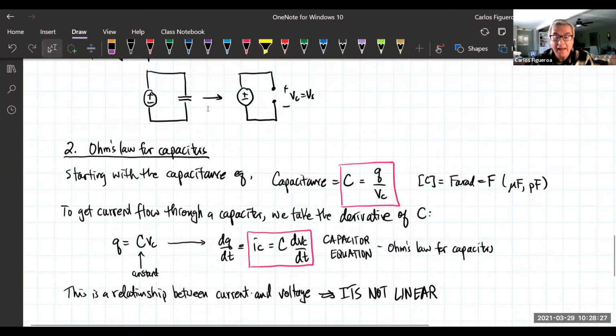Whereas with mesh and node, it required the current and the voltage to be related.